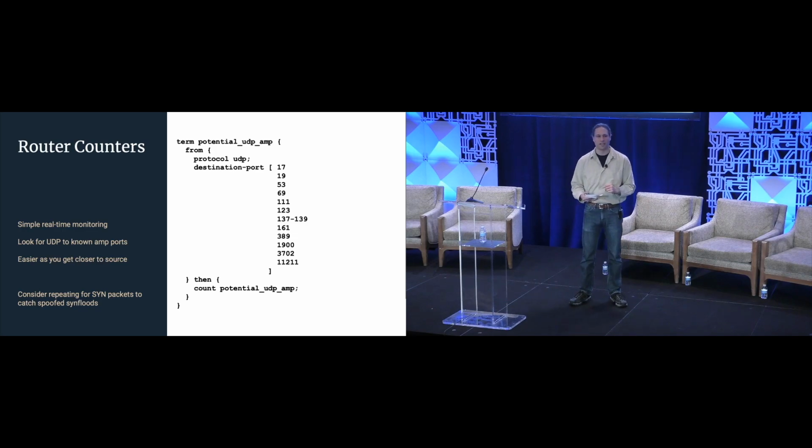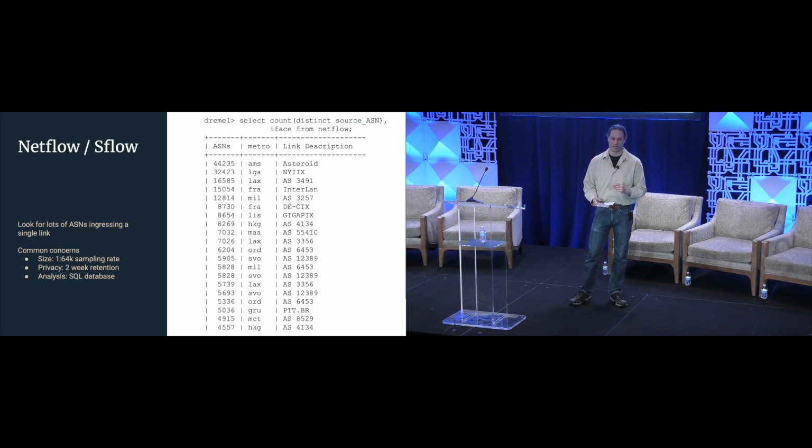But still, that's a bit of a pain. Much easier, if you can do it, is NetFlow or sFlow. Obviously, a lot of people should have NetFlow. It's really essential for debugging any traffic weirdness. So I strongly encourage it. I know some people are nervous about having NetFlow. They have concerns about the size of the data that they're collecting.